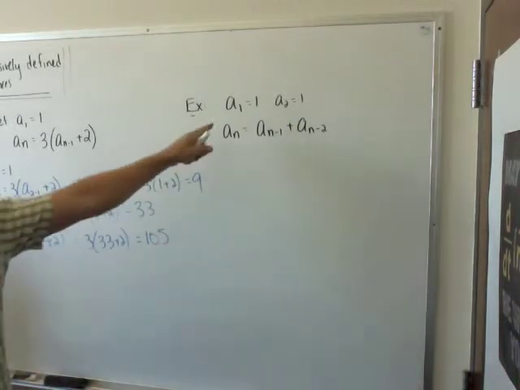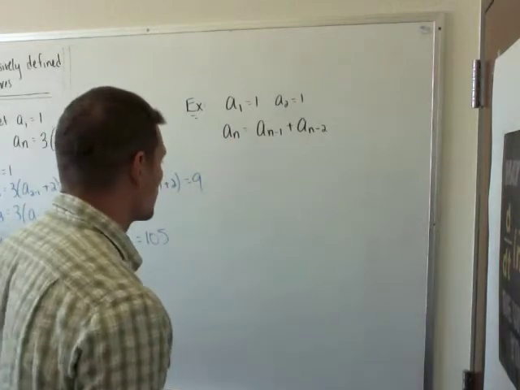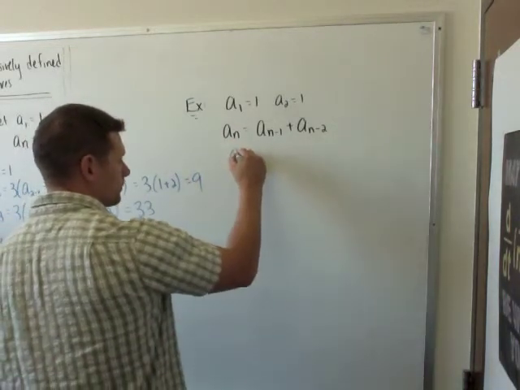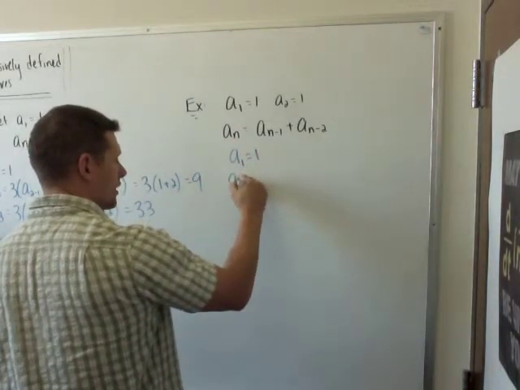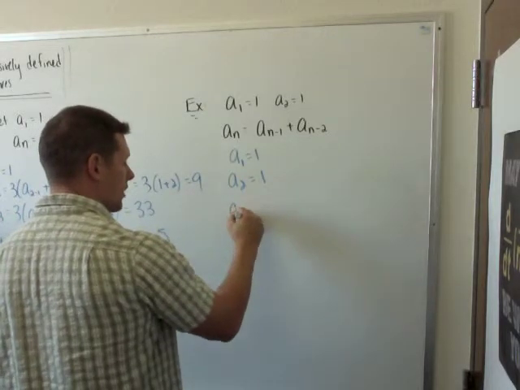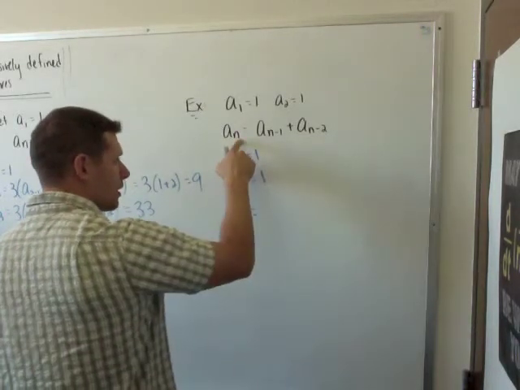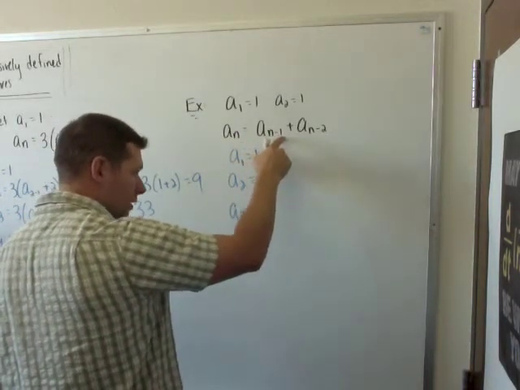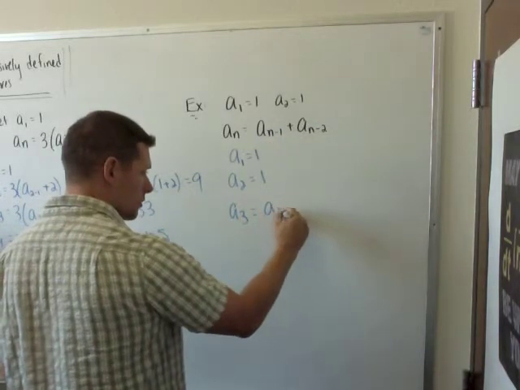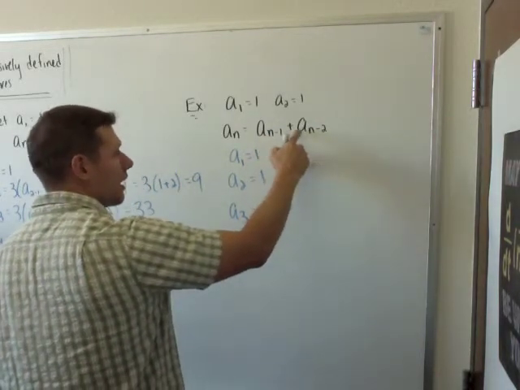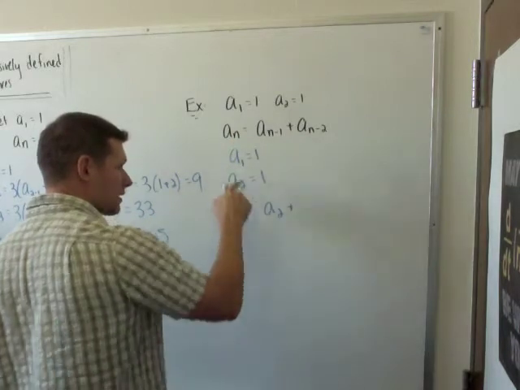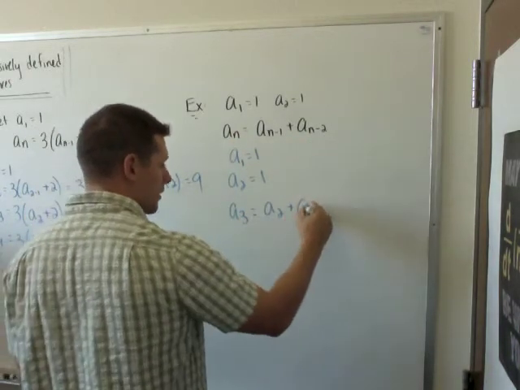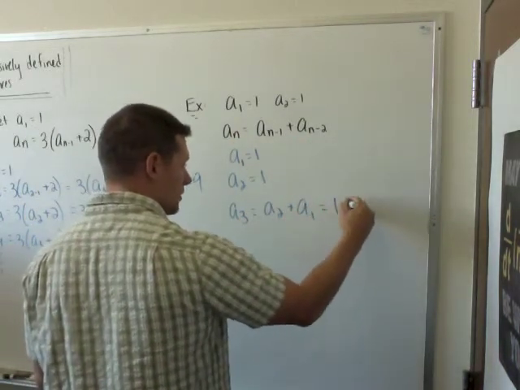Okay? This next one you'll find to be pretty interesting. So if I write A1 is 1 and A2 is 1, well, A3 is A, 3 minus 1, is A2, plus A, again, we're talking about n is 3, 3 minus 2 is 1. So A2 plus A1.